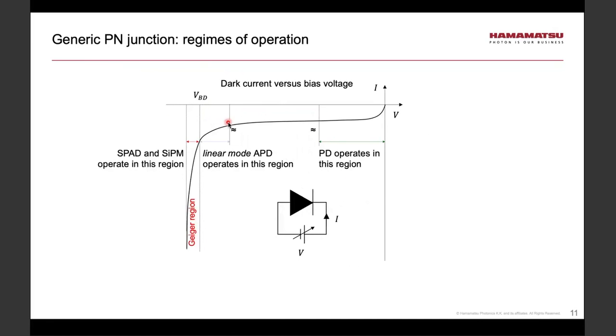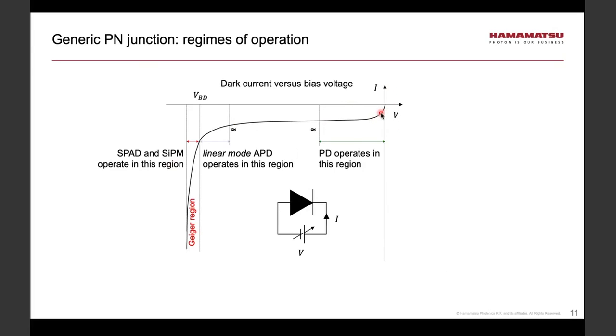So with that, we are going to now turn our attention to devices that have a PN junction. These devices are the photodiode, linear mode avalanche photodiode, and then the silicon photomultiplier. What you see on this slide is a current-voltage characteristic for a PN junction. There is no light, so this curve is effectively the dark current as a function of voltage.